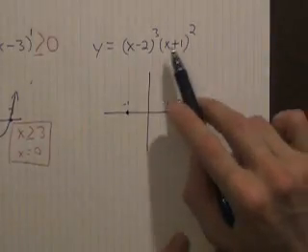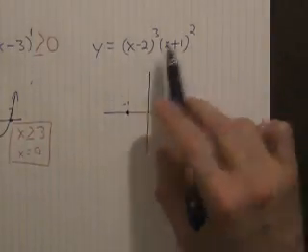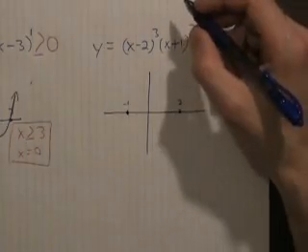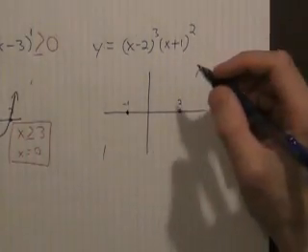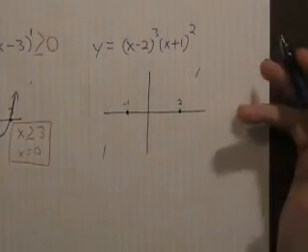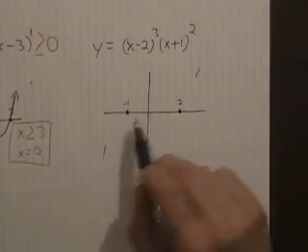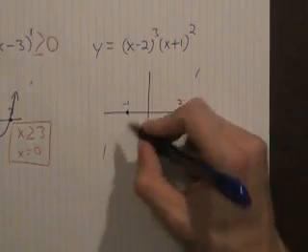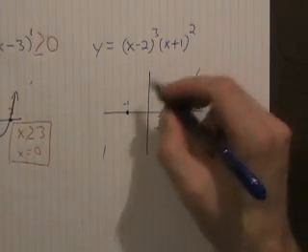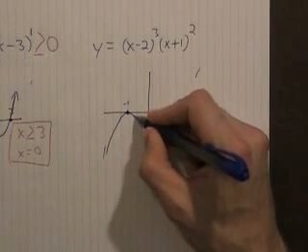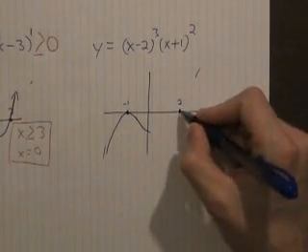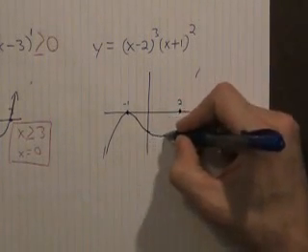If we were to multiply all this out, the degree would be 5, so that's odd. It's going to fall left and rise right. So as we go to draw this, all we have to do is decide whether these are touches or crosses. The x plus 1 has a square on it, so that's an even power, which means it's just going to touch. And this one has an odd power attached to it, so that means it's going to cross.